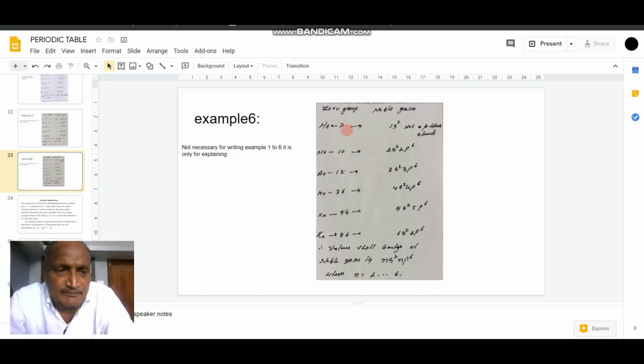Coming to the first member, helium, as its atomic number is 2, the configuration is written as only 1s2. In helium, no electrons are left to enter into the p subshell. Hence, helium is not a p block element.